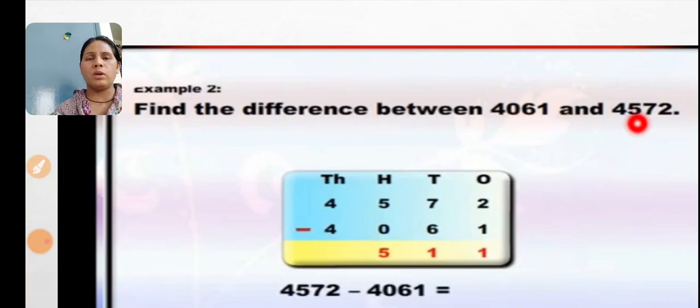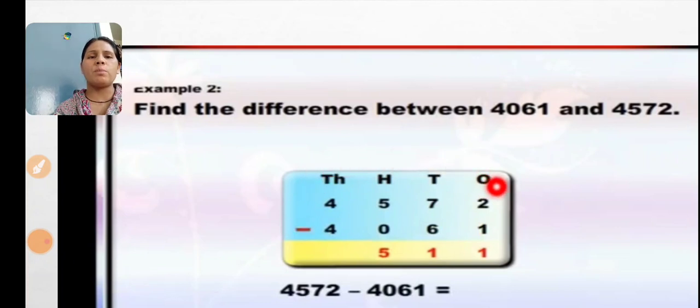Since 5 is greater than 0, that is why this number is greater than this number, which means this number is called minuend, and this number should be placed at the top of the place value chart, and this is the smaller number, which means it is called subtrahend, and we will put it below the minuend.